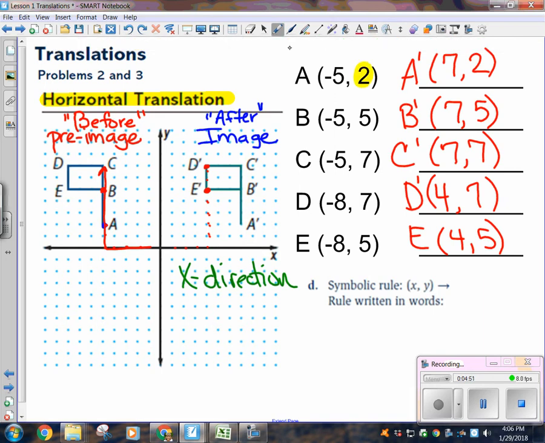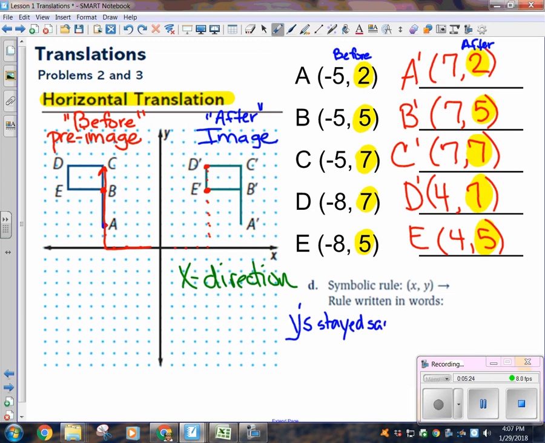I have 2 is a Y, 5, 7, 7, 5. Okay, on my new points, 2 is a Y, 5, 7, 7, 5. You notice anything about the y's? So the y's on the before compared to the y's on the after, or the pre-image to the image coordinates, I believe if we write this in words, the y's stay the same.